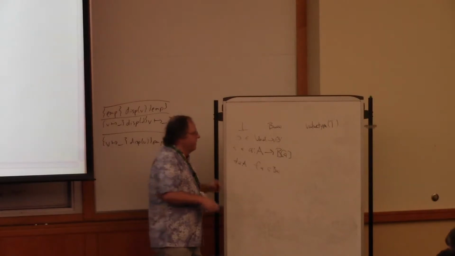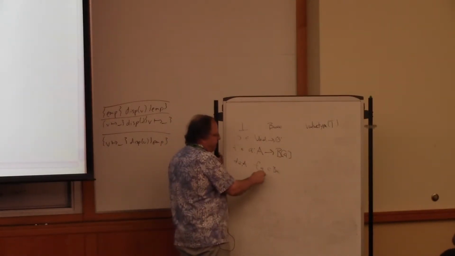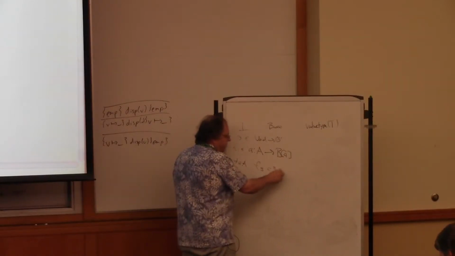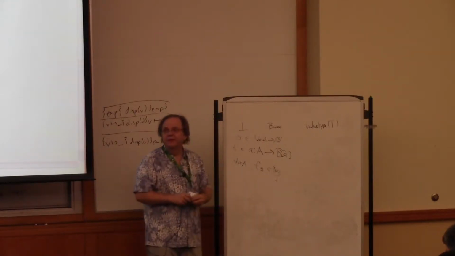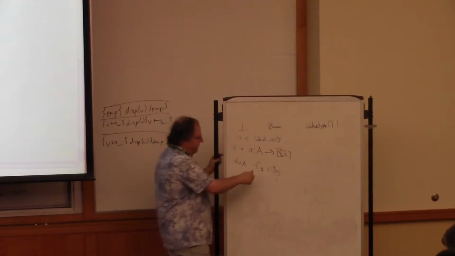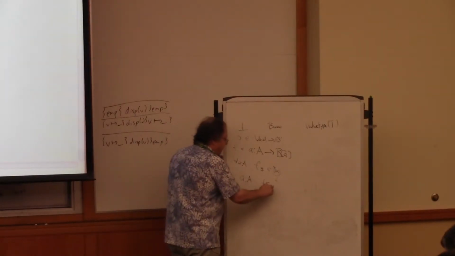And now, if this B of a, so assume that A is not empty, then there is an a. But still, if this B could contain bottom, then still, suppose there's an a for which bottom is a member of B of a.